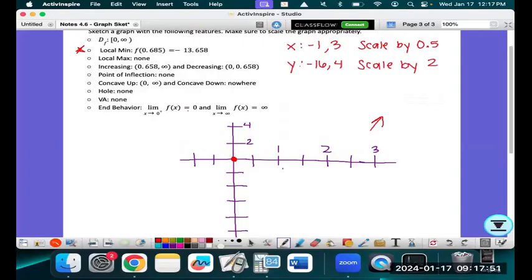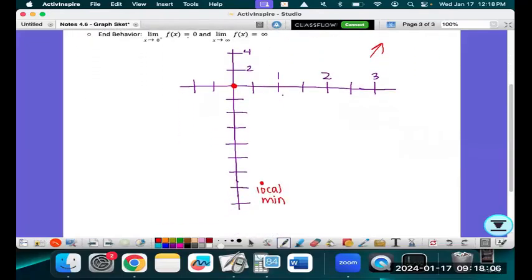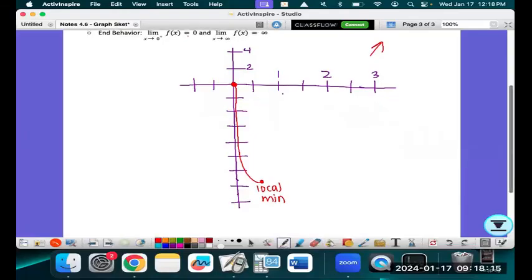Okay, so I'm going to start towards 0 or at 0 going towards the local min. It looks like we are decreasing and always concave up. Okay. So it'll go down, but it'll be curved up towards that local min. That's definitely concave up and it's decreasing.